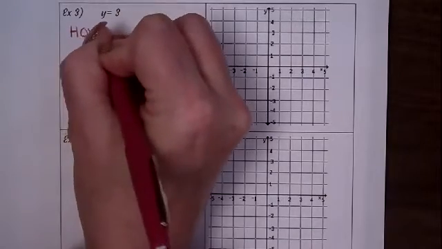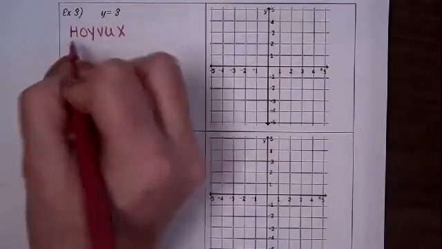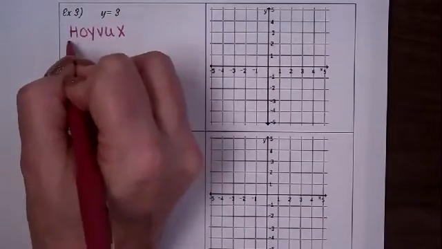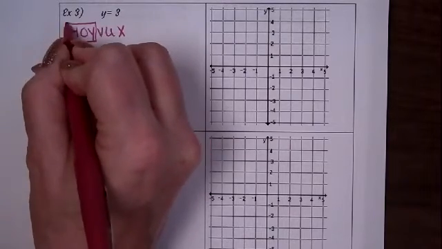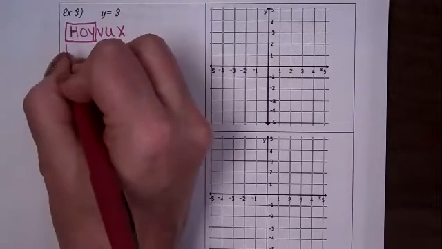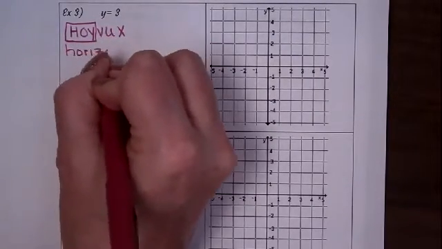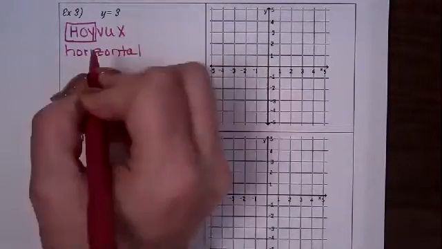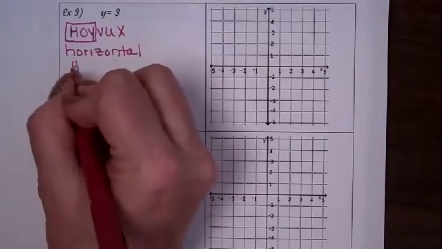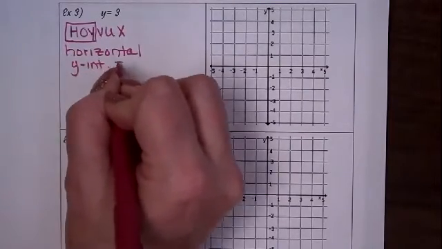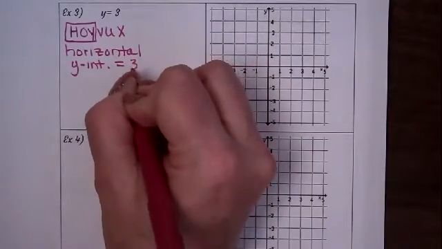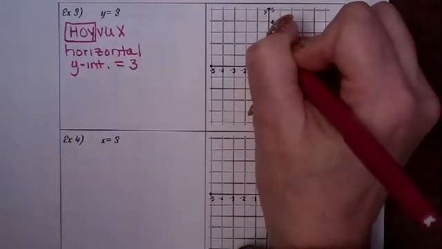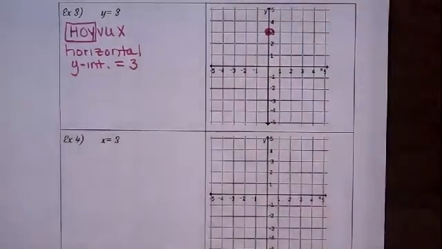Well, HOY VUX tells me with the y equals 3, this is a HOY. That means it is a horizontal. It tells me my y-intercept is 3. So I'm going to cross the y-axis at 3 right here.